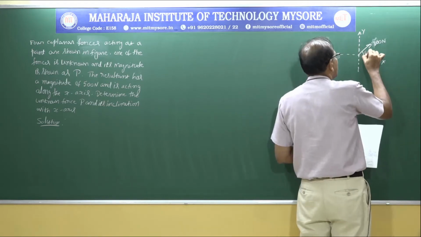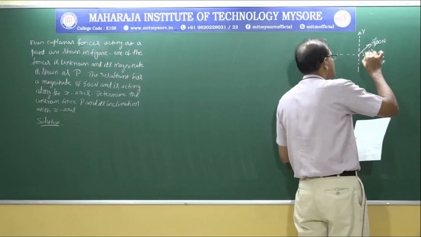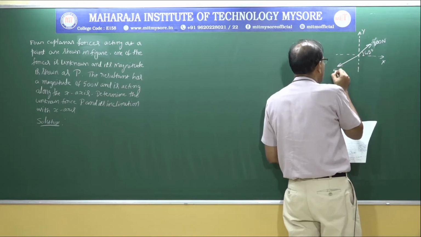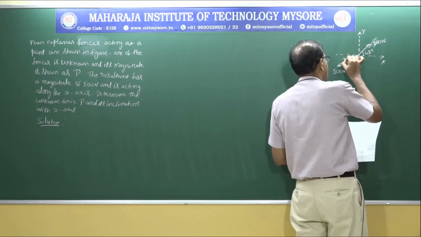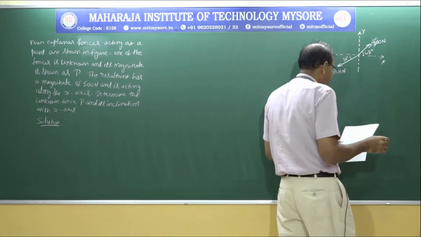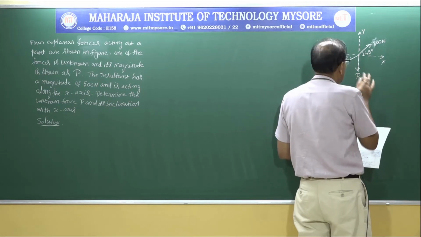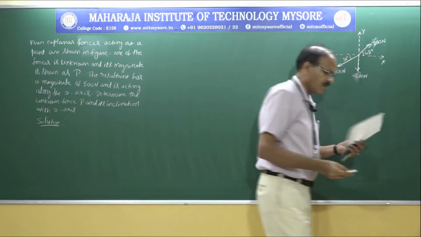This is 45 degree. This is 500 Newton acting at an angle of 30 degree. This is 200 Newton acting downwards.